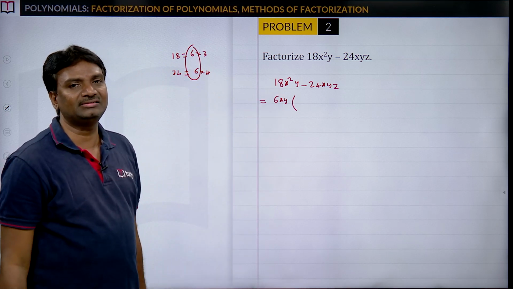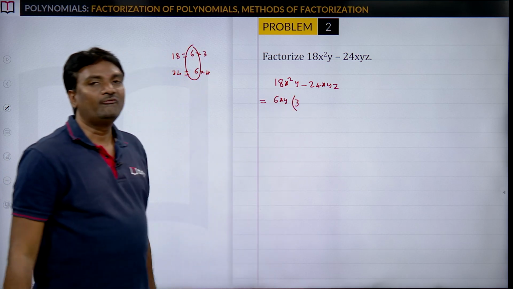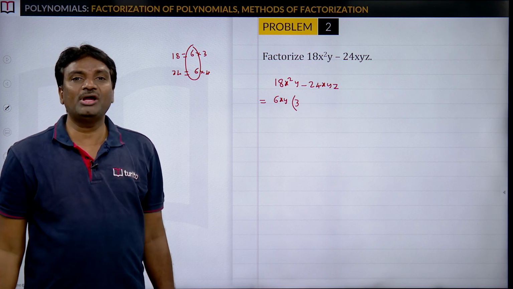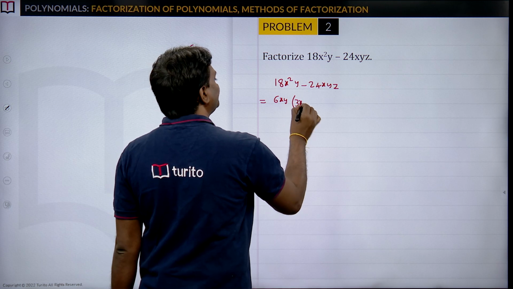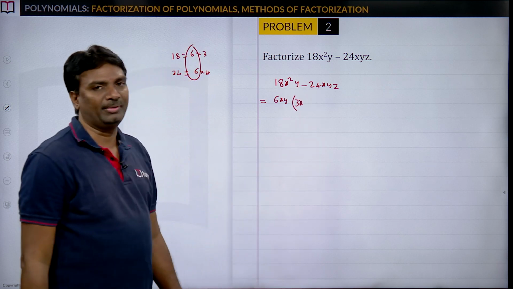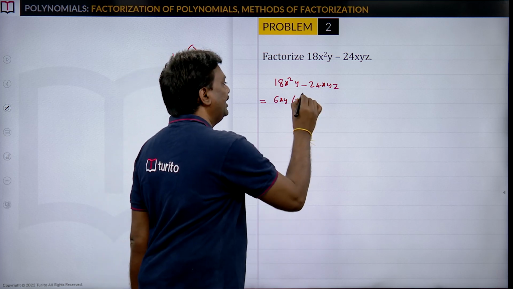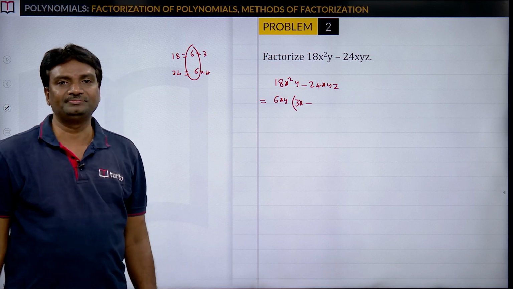So, the remaining part is 3, 6 3 is the 18. From x square we have taken x as common. x square means x into x. Since we have taken one x as common, one more x is there, that is 3x. We have taken y as common, so that is 1. So, 3x into 1, 3x only, minus 24 can be written as 6 into 4.